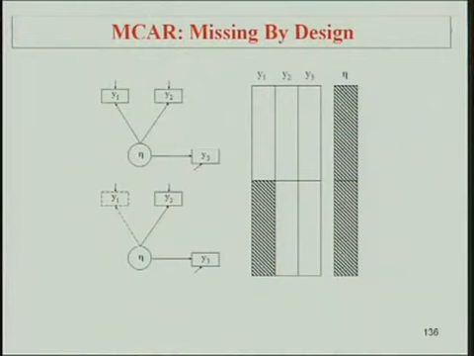So there is a design in the sense that here you have the data matrix, the three observed variables, and for part of the sample you observe all three, but for another part of the sample you don't observe Y1, so you have only one indicator, Y2 here.